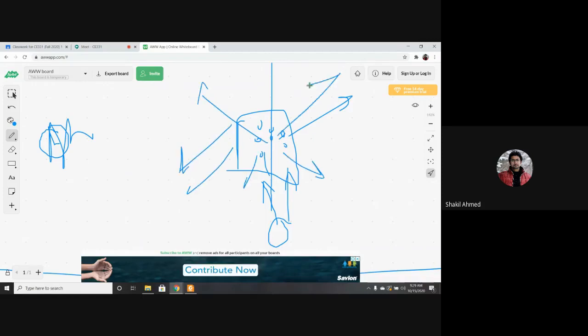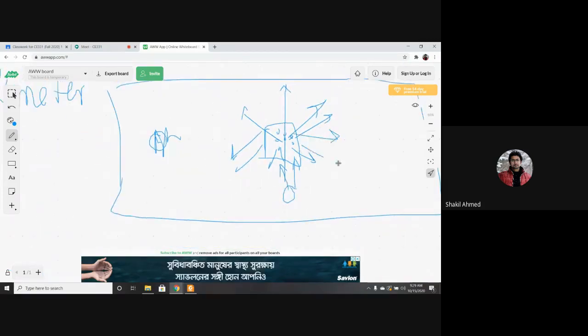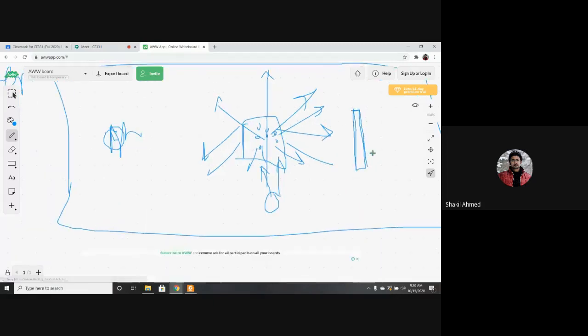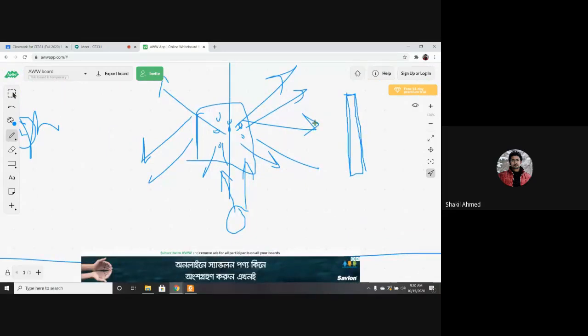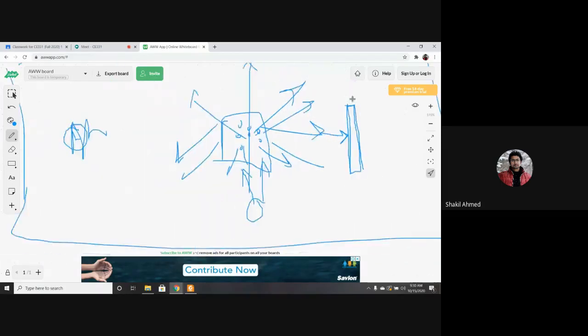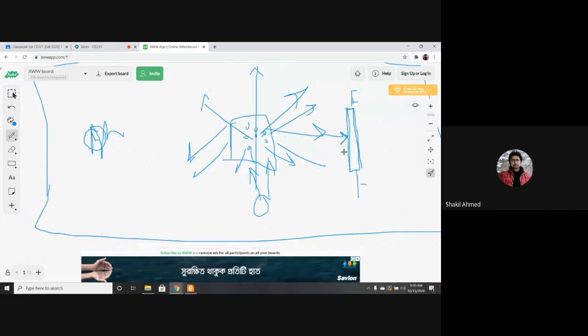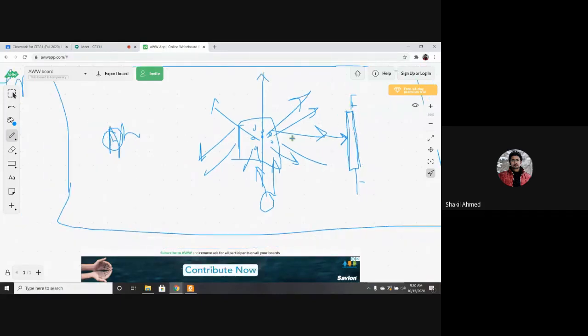Now, if you put a photosensitive sensor here, so that when light falls upon this cell, this electricity generator, it can detect. Higher the turbidity, higher the reflection, higher the detection of the light. So, is it clear?